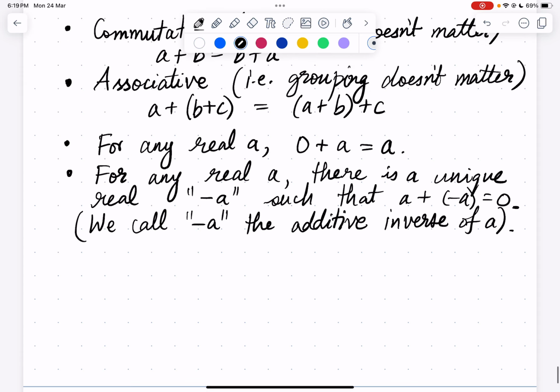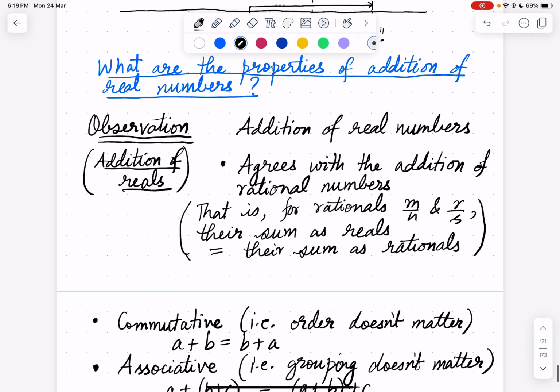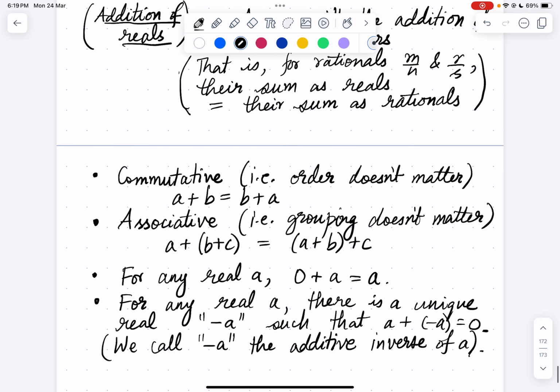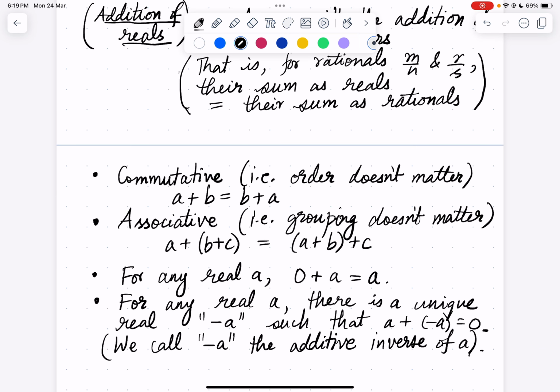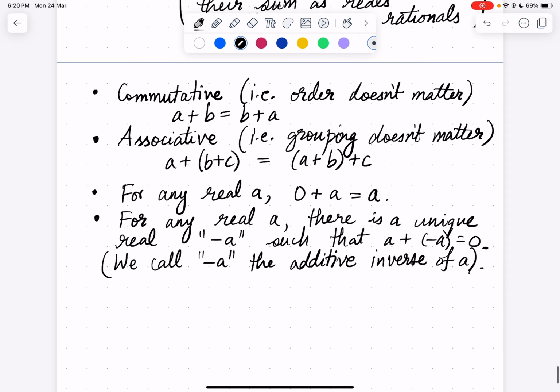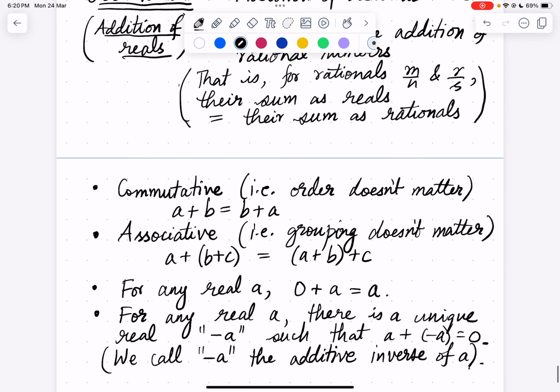So these are the main properties of addition of real numbers. So it agrees with addition of rational numbers. It is commutative, that is, order doesn't matter. It is associative, that is, grouping doesn't matter. So adding 0 to any real number doesn't change the real number. And finally, every real number has an additive inverse. So these are the basic properties of addition of reals.